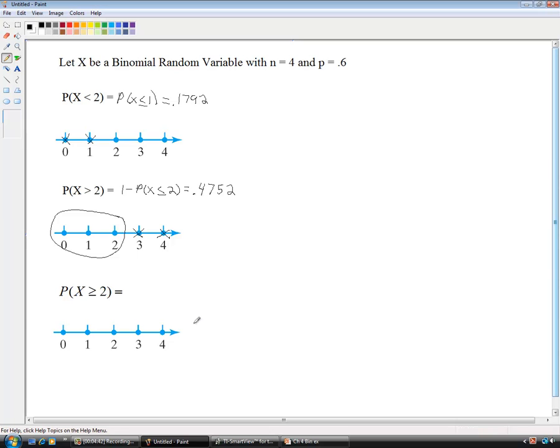And our last possibility is if we're looking for a greater than or equal to. Greater than or equal to includes the number 2, so we want the values of 2, 3, and 4. So in order to find this area, since again the sum of all probabilities equals 1, we're going to use the complement and isolate this area. So it's going to be 1 minus the probability that x is less than or equal to 1.